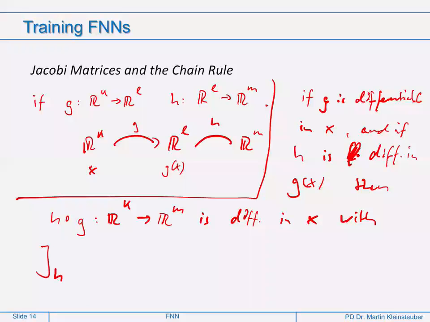So the Jacobi matrix of the concatenation of these two functions at this point x is the Jacobi matrix of g at point x, matrix multiplied with the Jacobi matrix of h at this point g of x.